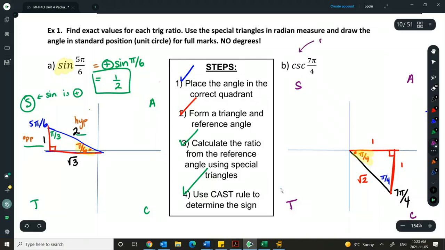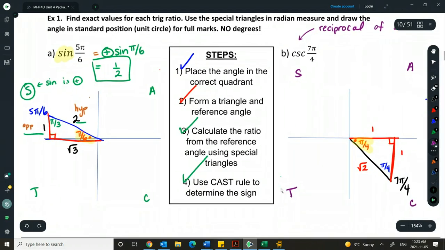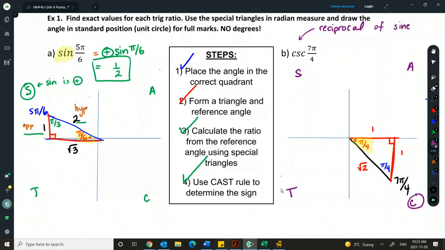It's the reciprocal of sine. So cosecant is going to be positive where sine is positive and negative where sine is negative. So we're in the cosine quadrant. Is sine positive or negative in the cosine quadrant? So cosecant must also be negative in the cosine quadrant.